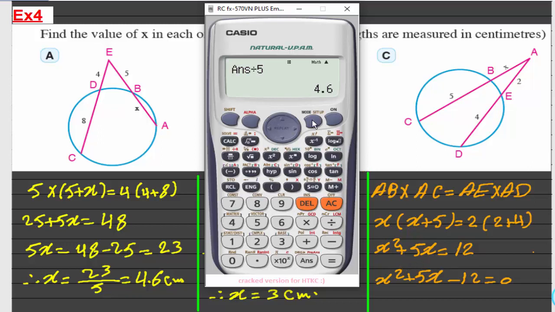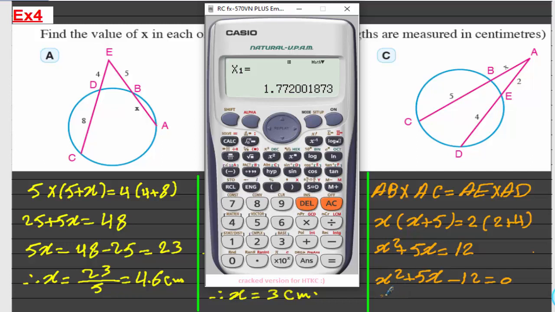So we'll go to calculator to solve this equation or use the general formula. Here, mode 5 3, we have the quadratic equation. The coefficient of x squared is 1 and the coefficient of x is 5. The absolute term is negative 12. So x1 equals negative 5 plus root 73 over 2, which equals 1.77.